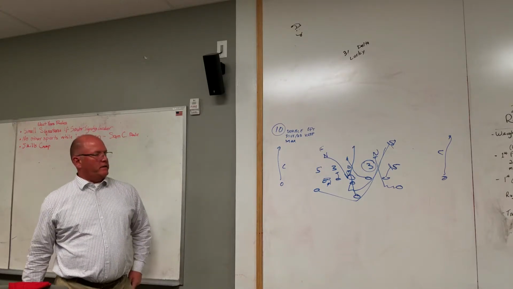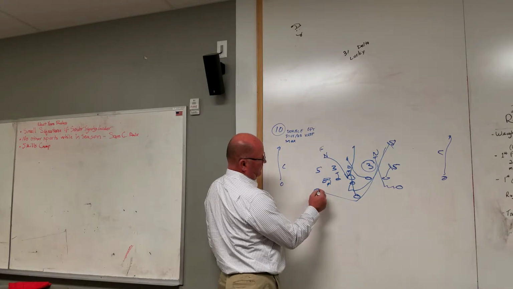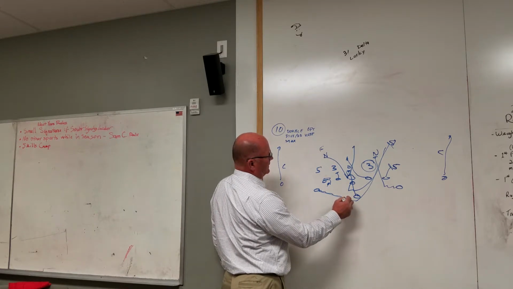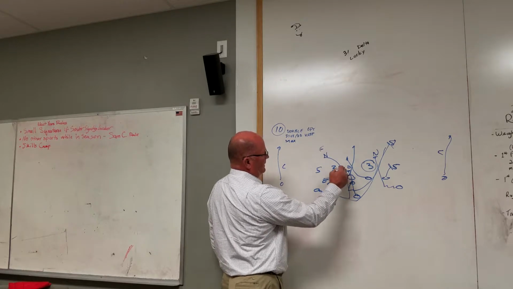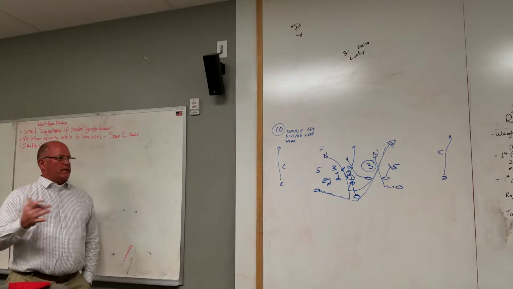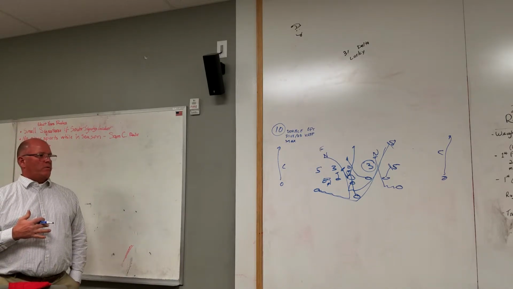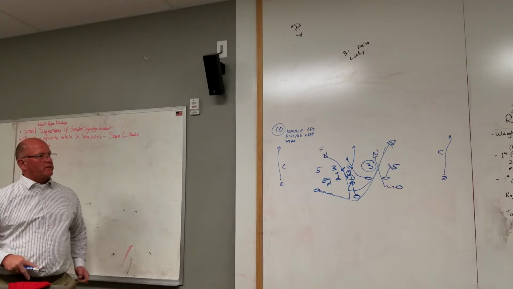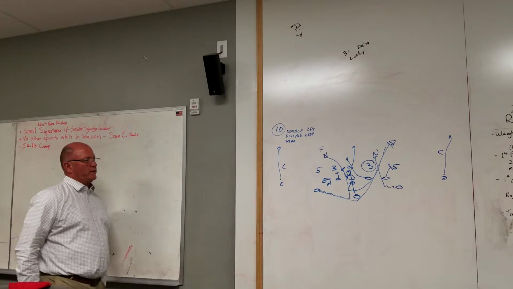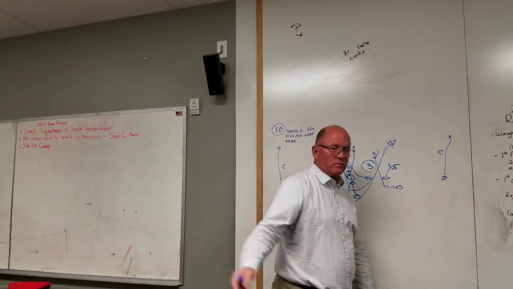So we have done this where we come up with a tag, I don't even remember what it was, but we would put this guy in motion and let him block right in here, fill that hole. But you just have to see what they're trying to do to you. You don't want to have one size fits all. Each week's a different week. People are going to try to defend you different ways each week. You can use a little imagination to try to get these guys where they need to be.